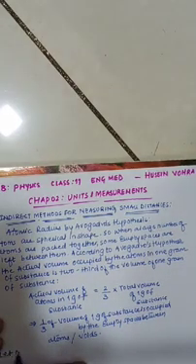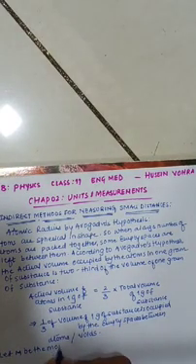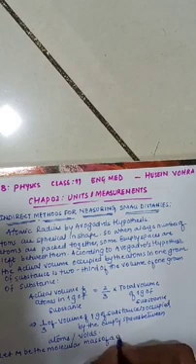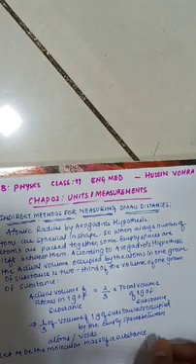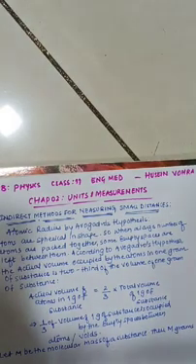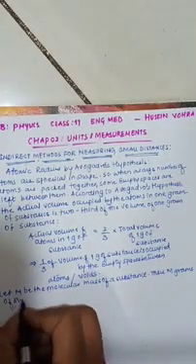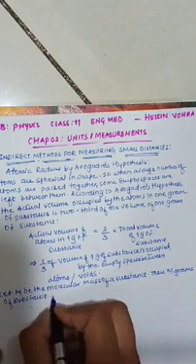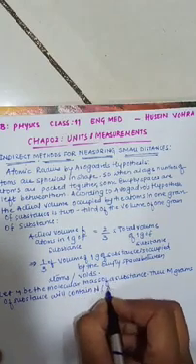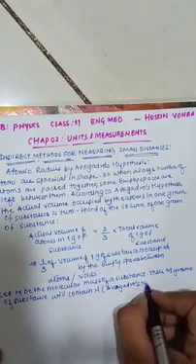Let M be the molecular mass of a substance, then M grams of the substance will contain, in bracket, Avogadro's number of atoms.